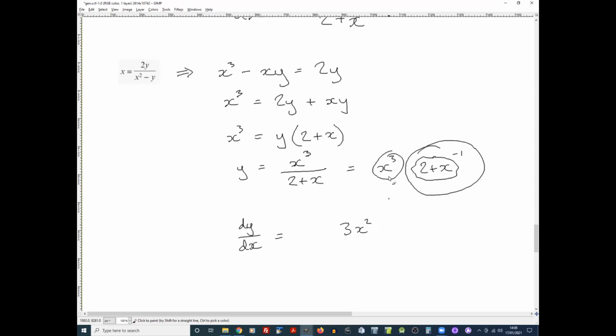Now, bearing in mind that it's a quotient, we're doing the quotient rule in an intelligent way, as a product rule. Shall we provide what we know the quotient rule provides, which is a common denominator? Instead of writing just 1 over 2 plus x, shall we write what instead?